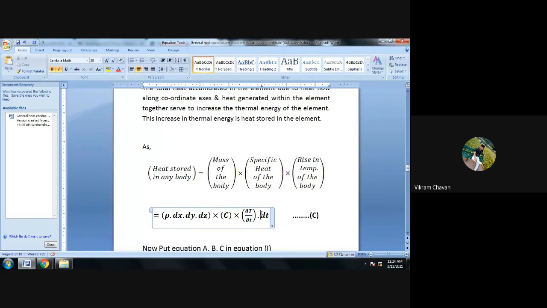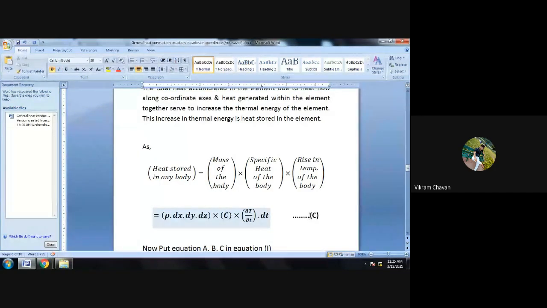So we get the equation: heat stored in any body is equal to rho multiplied by dx multiplied by dy multiplied by dz multiplied by capital C multiplied by delta T divided by delta small t, that is the rise in temperature with respect to change in time, multiplied by the total time period dt. This is part C of the energy balance equation.